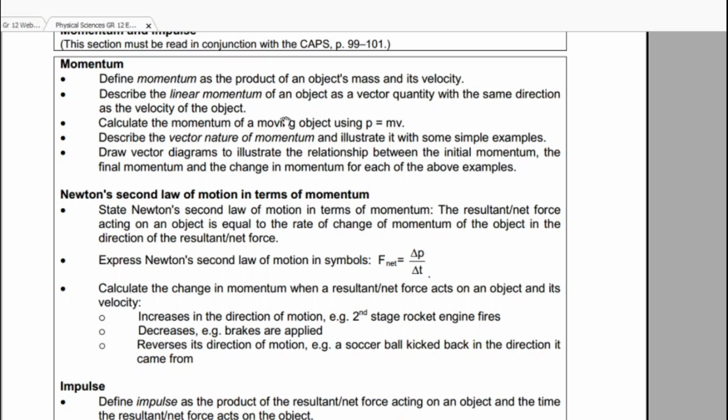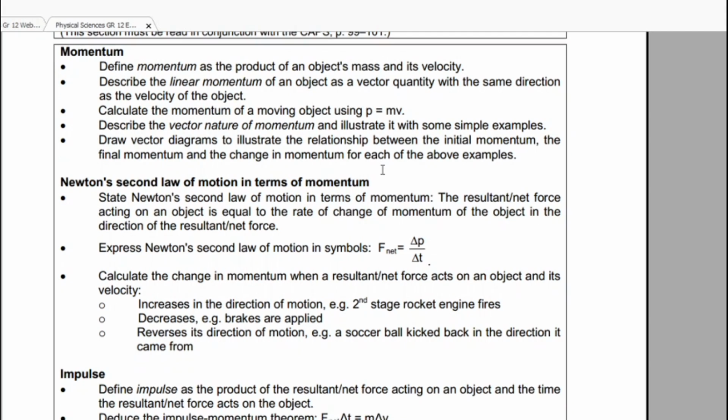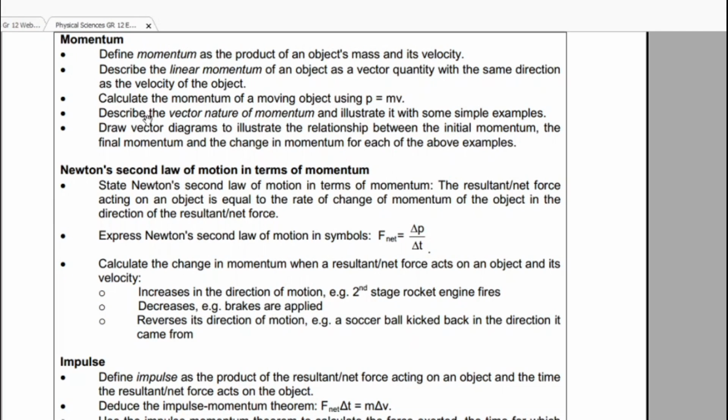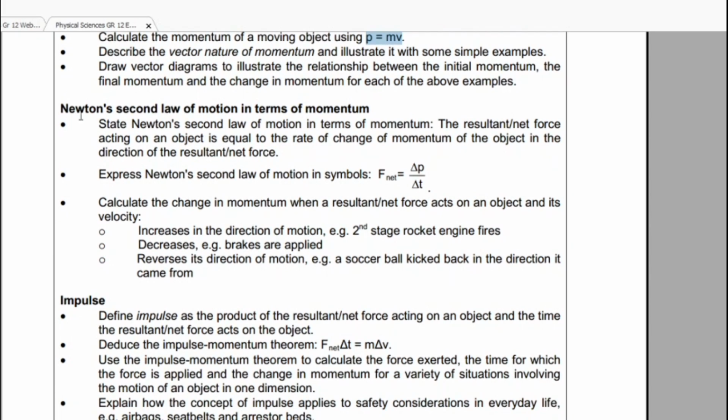So the 10 meters per second, that's the magnitude, right? So we emphasize that momentum is the product of an object's mass and its velocity, right? And this is the formula to be used, and momentum is a vector quantity.